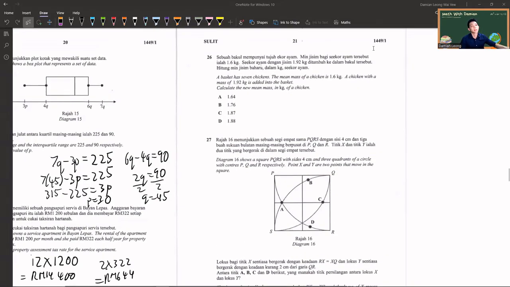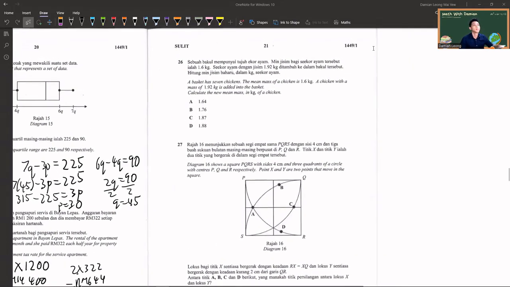So, question 26. Sebuah bakul mempunyai 7 ekor ayam. Min jisim bagi seekor ayam tersebut ialah 1.6 kg. Seekor ayam dengan jisim 1.92 kg ditambah ke dalam bakul tersebut.